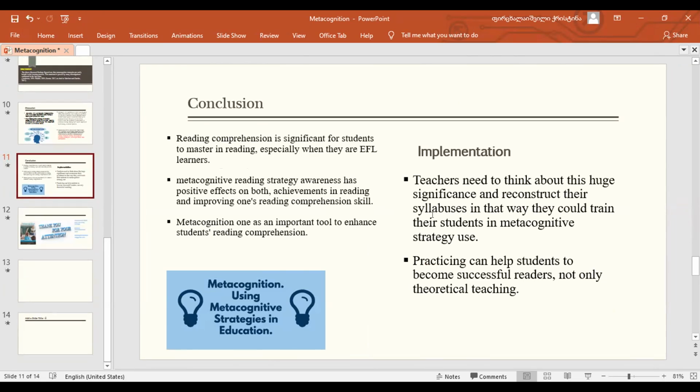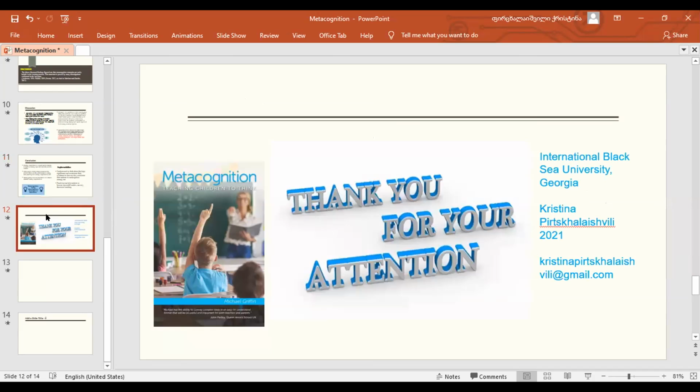I can say that teachers need to think about this huge significance and reconstruct their syllabuses. In that way, they could train their students in metacognitive strategies. And theoretical strategies are not enough. We have to practice them. Sorry for exceeding my time, and thank you for your attention.